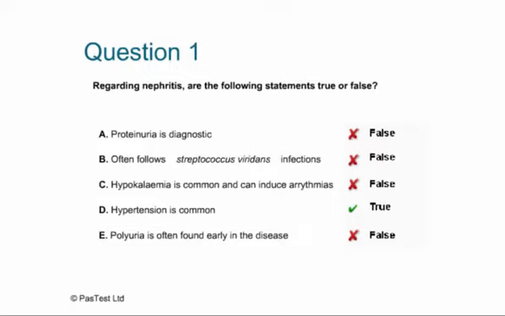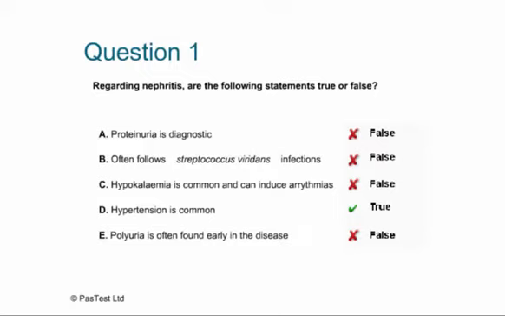C. Hypokalemia is common and can induce arrhythmias. This is also false. The abnormality of potassium that you sometimes see is hyperkalemia. So although hypokalemia can induce arrhythmias, the answer's false because we commonly see hyperkalemia. D. Hypertension is common. This is true.